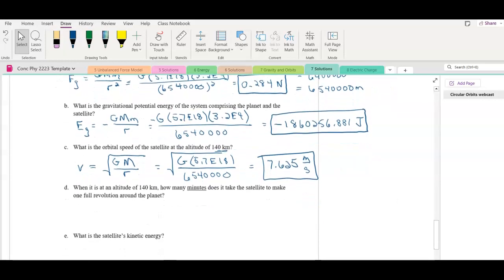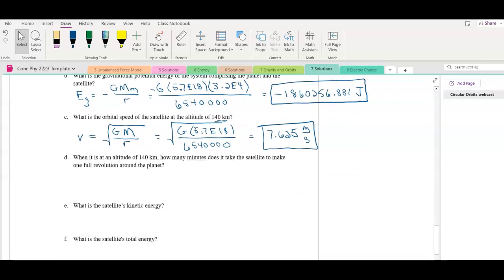Okay. So it says when it's at that altitude, how many minutes does it take for the satellite to make one full revolution? So I'm finding the period, which is the circumference divided by the orbital speed. So the circumference is 2 pi times that orbital radius that we found. See how we keep using that same orbital radius? And I'm dividing by the velocity we just found.